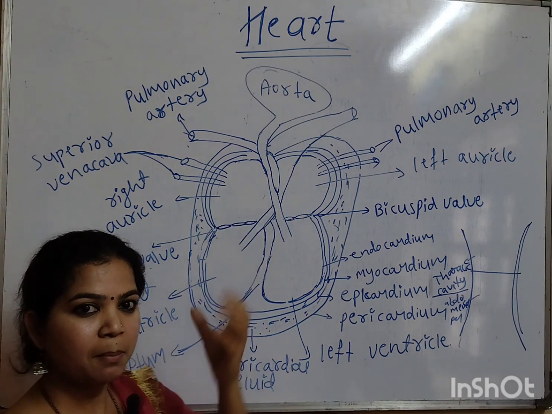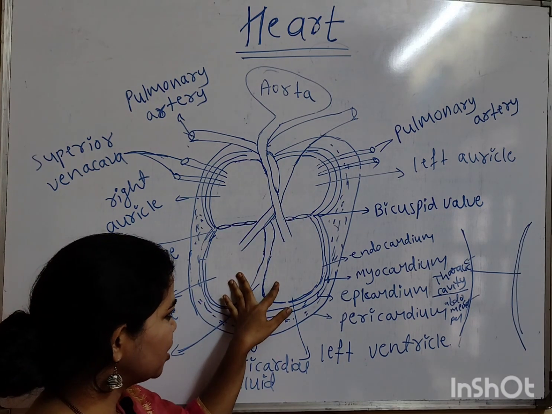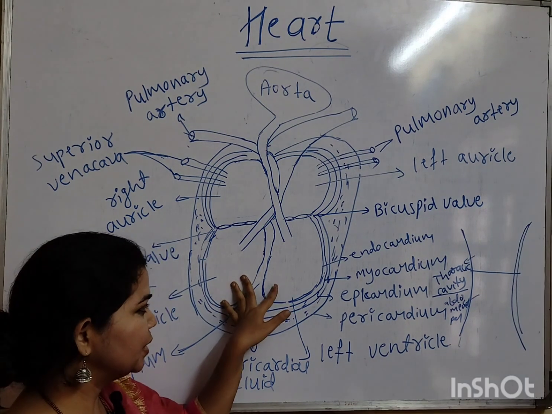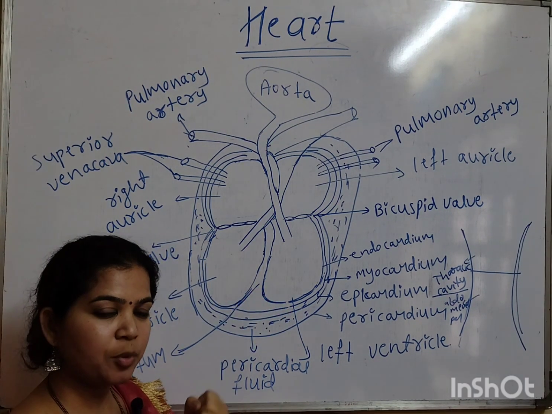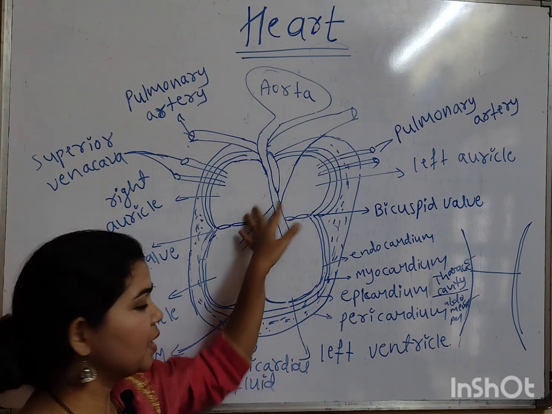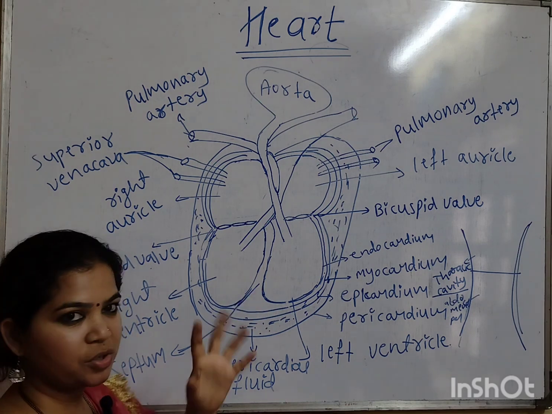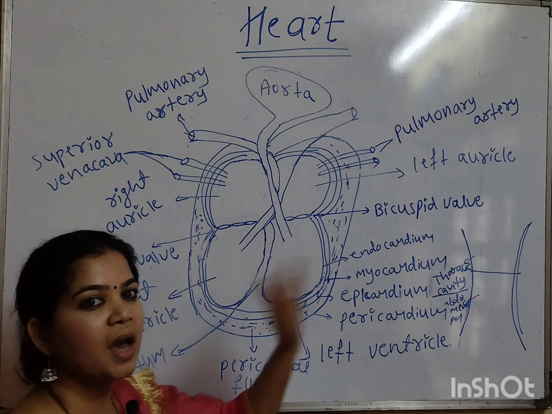The upper chambers, the auricles, receive blood. And what is the function of the 2 ventricles located down? The ventricles push the blood. Auricles receive the blood, whereas ventricles push the blood from the heart.